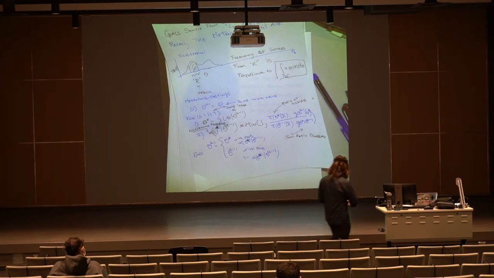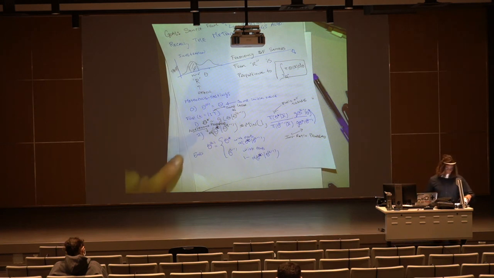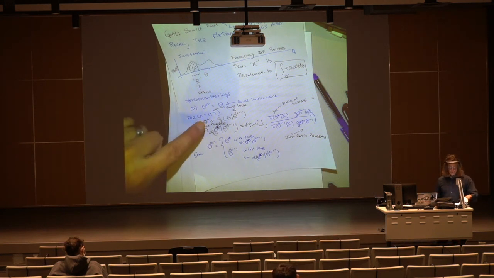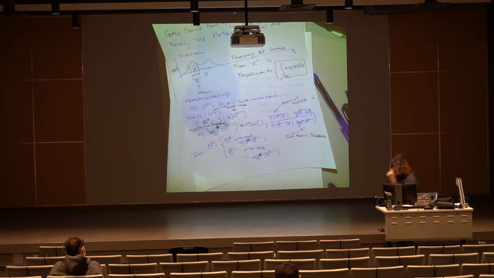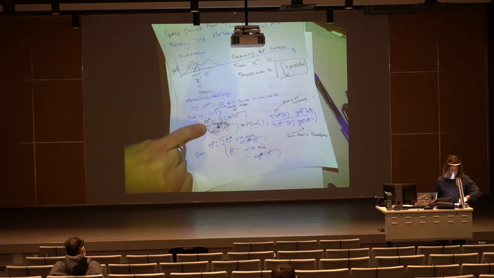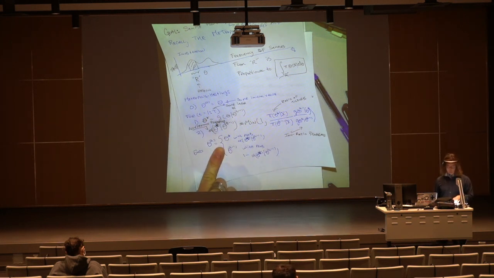They're conditionally independent of each other. I do this one first, and then conditional on this, I do this one. So they follow in sequence like that. So they're not independent of each other, but they're conditionally independent of each other. So I need to have theta star from this step before I can do this step, step 2.